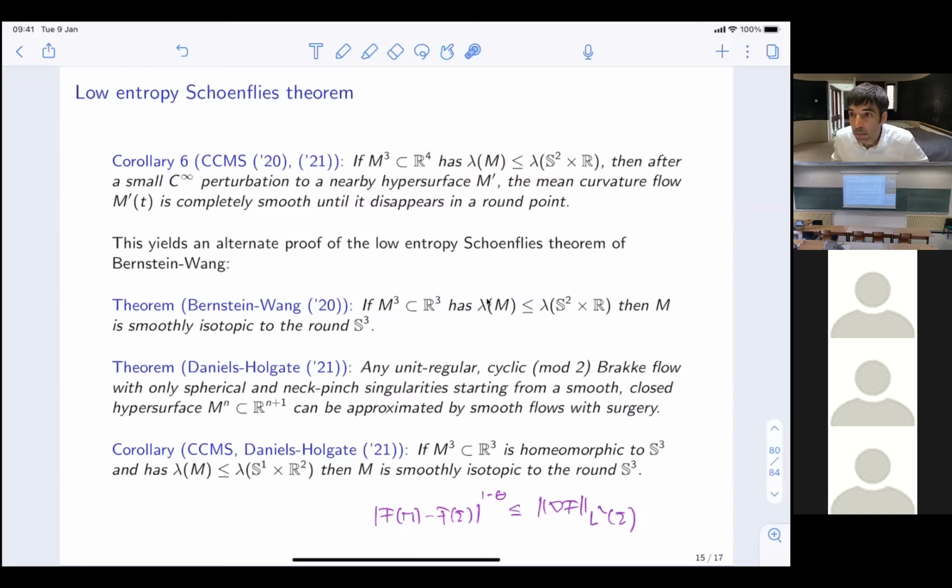Thanks. Other questions? But still, you see type 2 singularities. Yeah, I would expect that you could use something like this, that they are non-generic, because in some sense, if you have a type 2 singularity, you still have a tangent flow. Type 2 singularity would mean that your tangent flow is non-smooth.